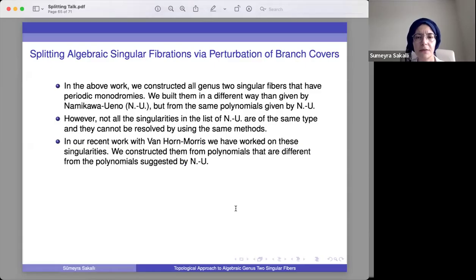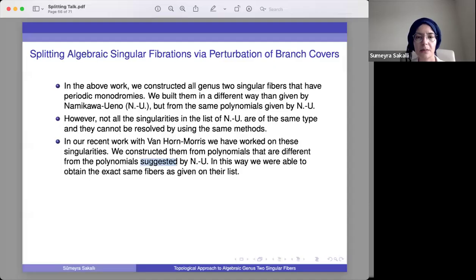Then in our more recent work, we have worked on those different types of singularities, and we constructed them from different polynomials. So we figured out what the correct polynomial is which would give us that configuration, and then we constructed them from completely different polynomials. And we again obtained the exact same fibers as they give on their list.